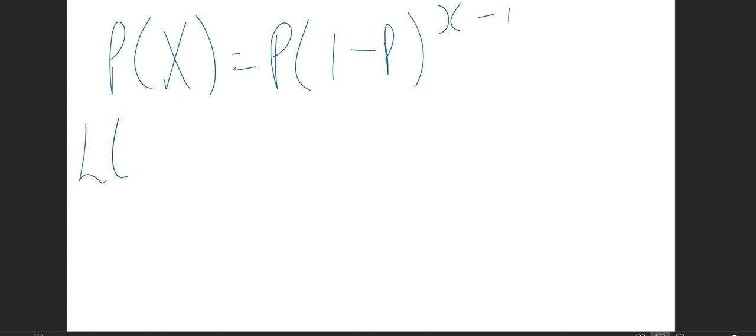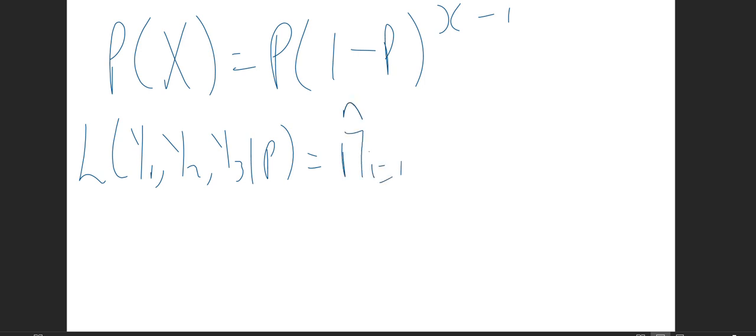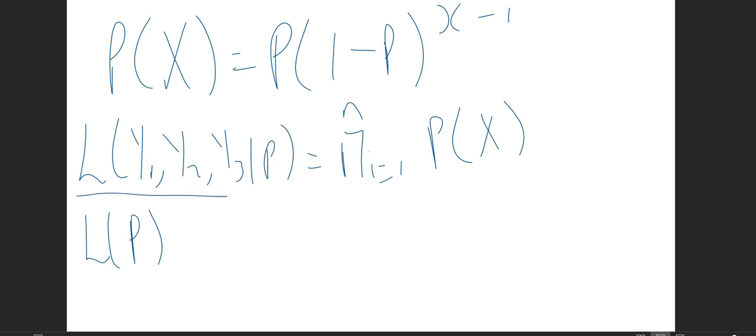So the likelihood function is going to be the product from i equals 1 to n of our PMF, probability mass function. I'm just going to write this as the likelihood of p. You can also write it like this, but I'm just going to write it like this for space.